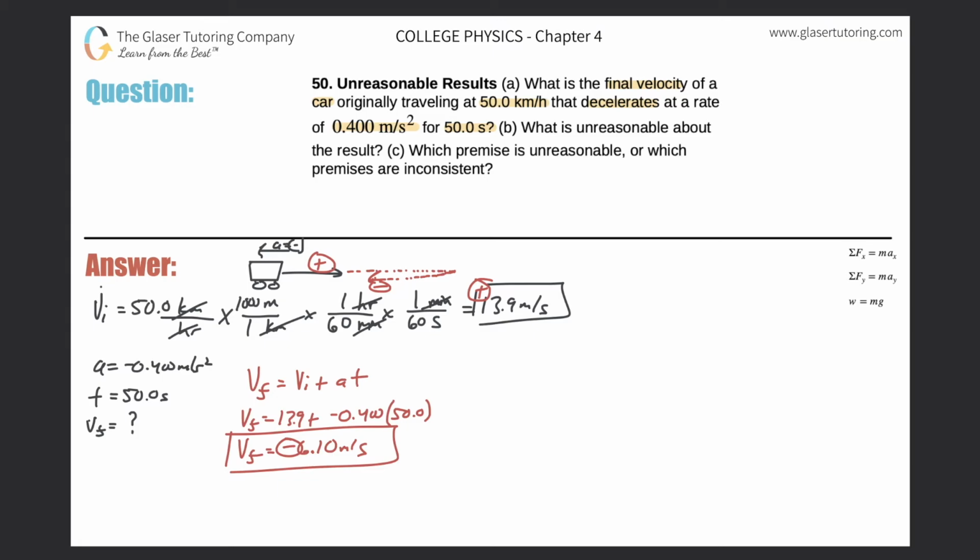I don't know about you, but when I decelerate my car, I generally come to a stop. I don't know how to go from drive to reverse continuously. So I think it's a little unreasonable that the final velocity here would be negative 6.10.